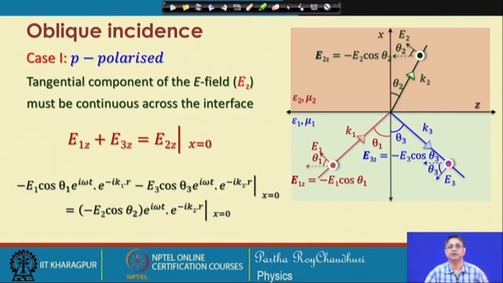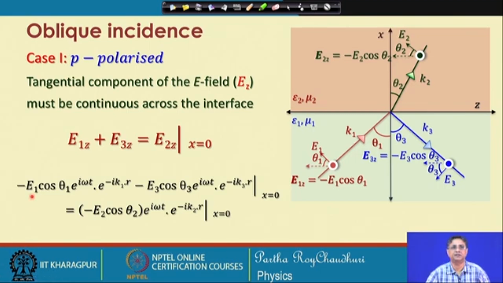And similarly, for the reflected wave you have minus E 3 cosine theta 3, which is the tangential component of the reflected wave electric field, and also for the transmitted, the refracted wave, the tangential component will be equal to, all of them are incidentally in the negative direction of z. So, these tangential components with minus signs will be put together.